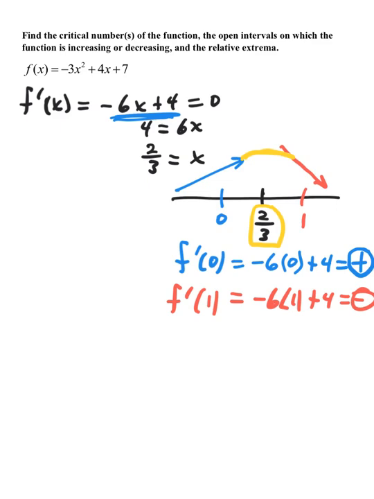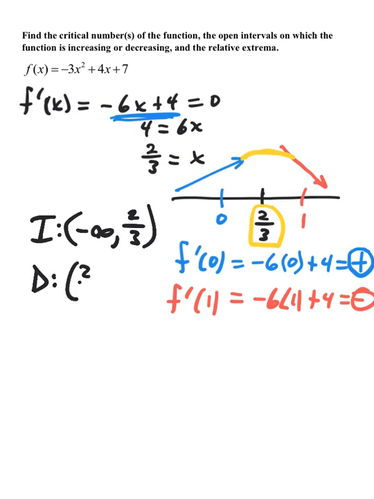Okay, so we are increasing from negative infinity to 2/3. On the other side of the critical number, we decrease. The rate of change was negative.